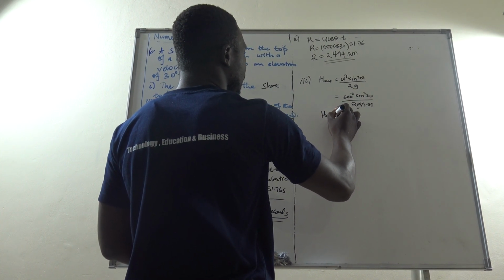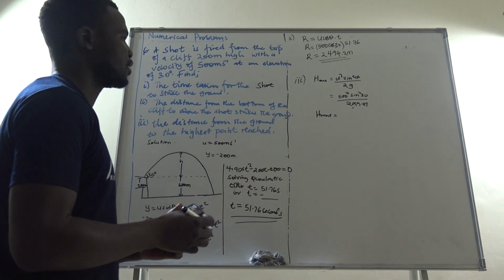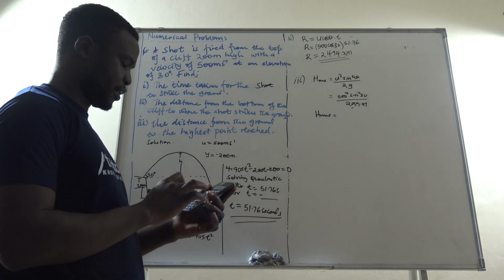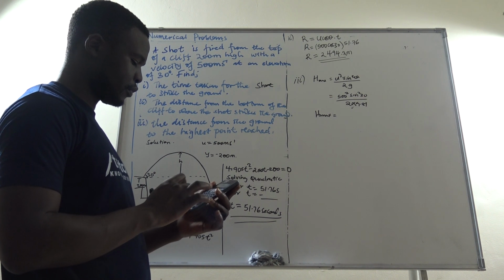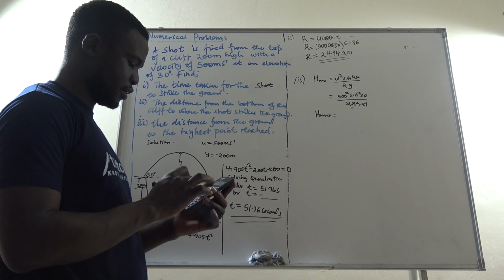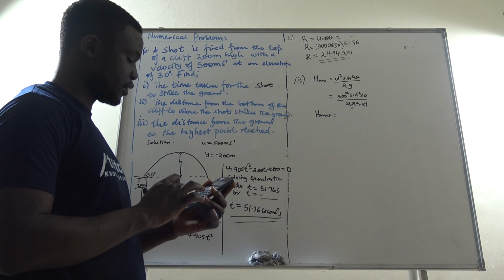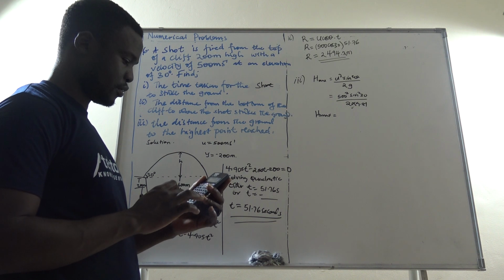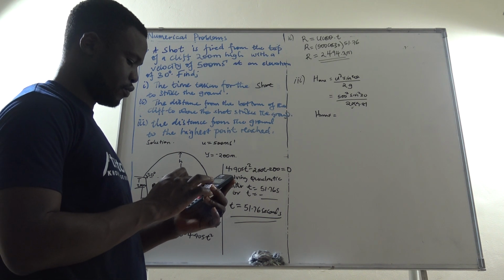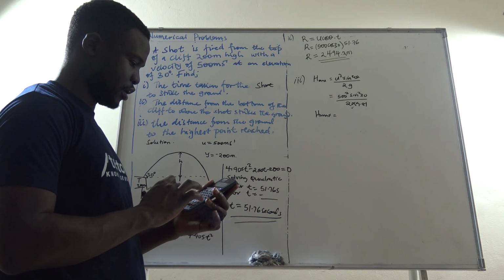So we calculate our maximum height here. This is 500 squared times sine 30 squared divided by 2 times 9.81.